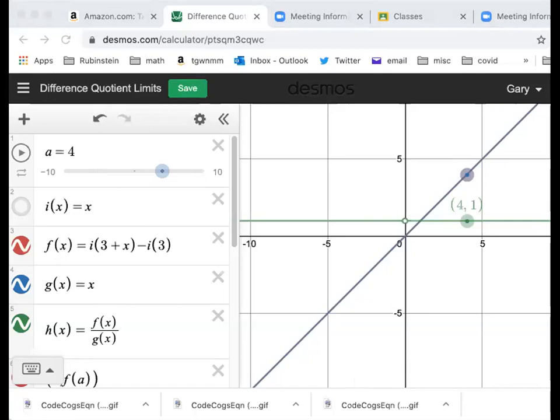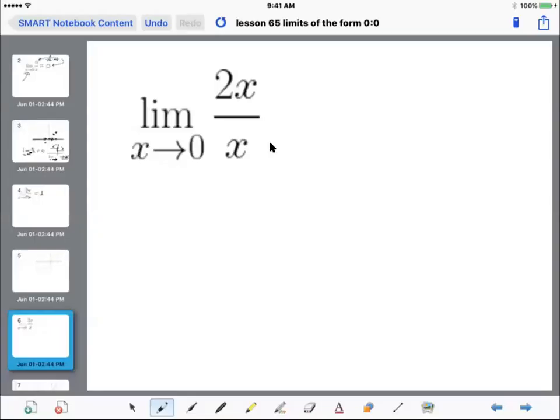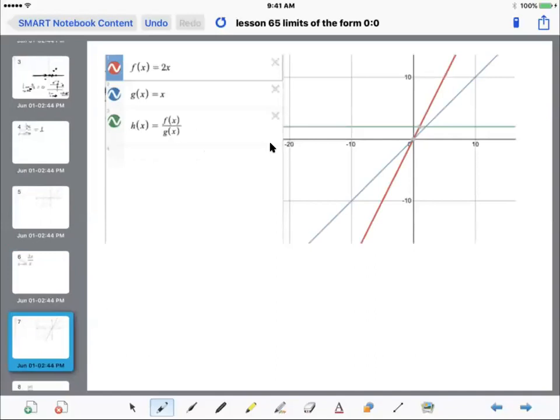Where's that iPad? There it is. Okay, first of all, look at the picture. So when x is something like 3, 2x is 6, x is 3, and when you divide them, you get 2.